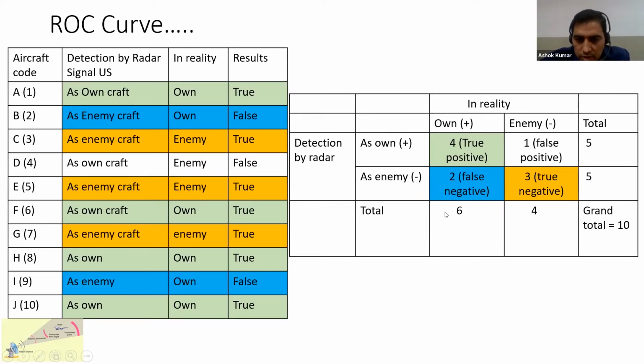Here this is a false negative because enemy is a negative, but detected by this radar as enemy, but in reality these are positive. So detected by radar as enemy is a false negative, and this is a true negative. There are 3 detected by radar as enemy craft, and in reality they were enemy craft. So it's a true negative.